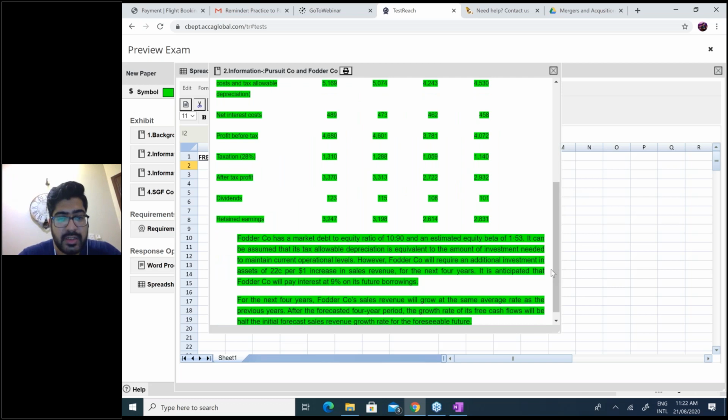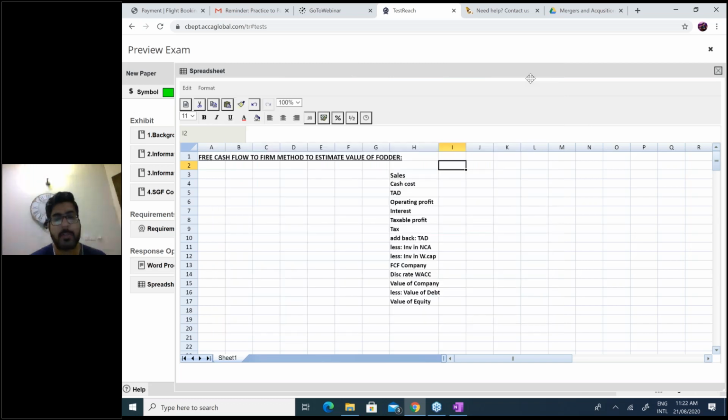For the next 4 years, fodder's revenue will grow at same rate as previous years. That's 6%. So you are given that for the next 4 years, revenue will grow at 6%. This is how you get information about the future.